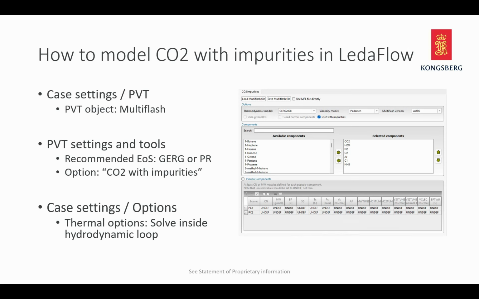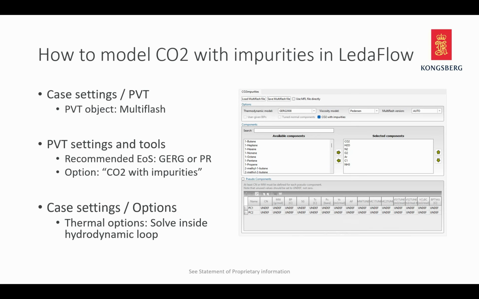The most accurate results are obtained using the GERG 2008 equation of state in multi-flash, but it can be quite slow, especially for a large number of components. So when calculation speed is important, then Peng-Robinson gives the best results compared to the other standard equations of state. Please note that the GERG 2008 requires an additional license from multi-flash. It is not part of the multi-flash basic license.